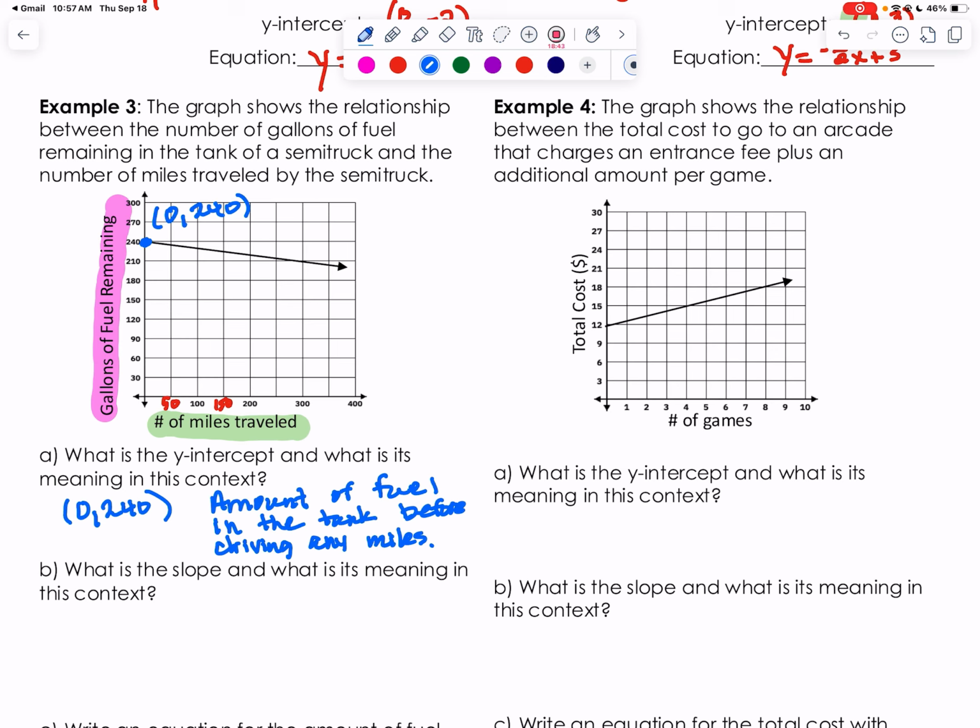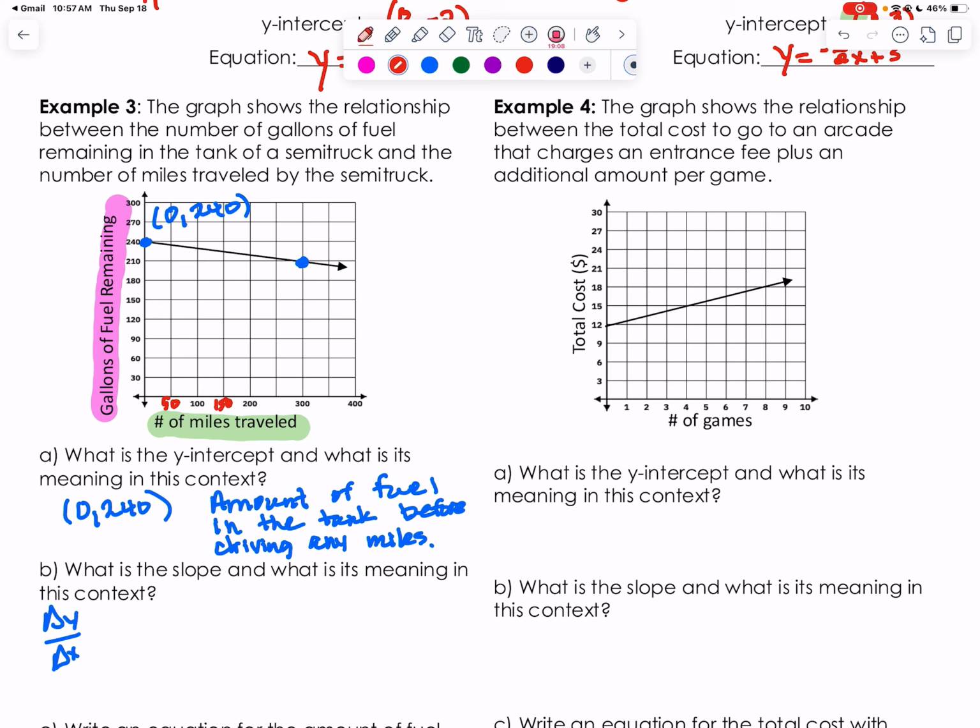All right. Problem B. What is the slope and what is its meaning in this context? So to find the slope, I need to find two friendly points. So let's see. I only see one other friendly point, maybe right here. All right. So I want to get the change in y over the change in x.